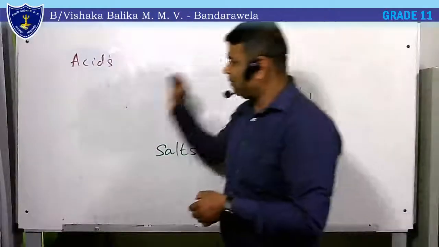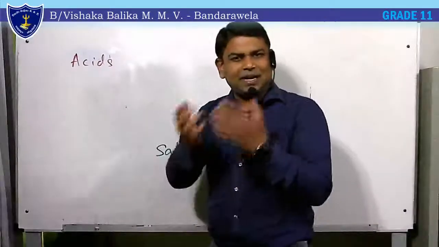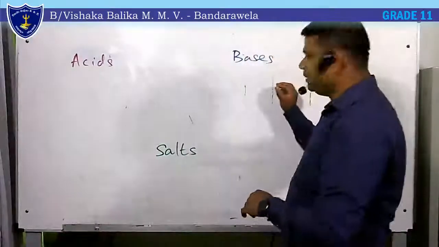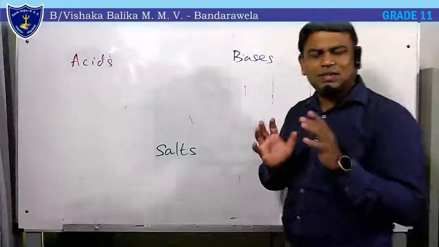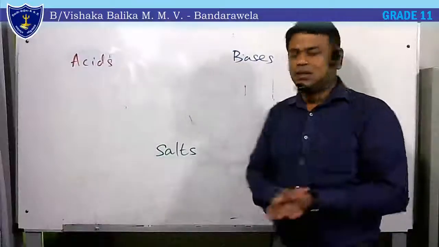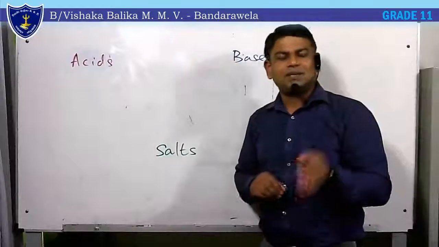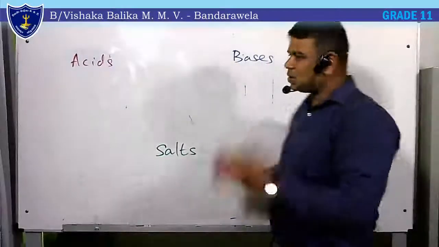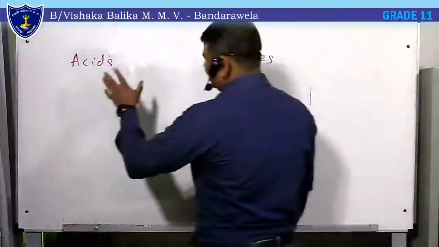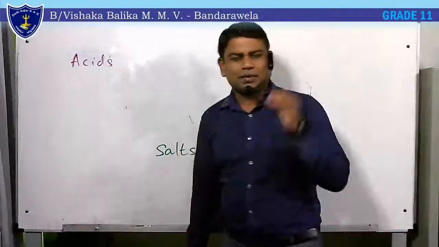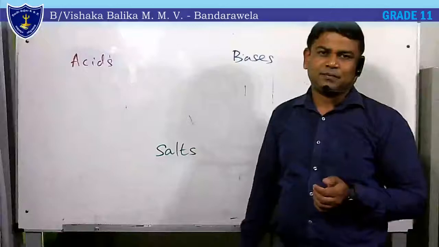Also there are harmless acids that we can eat. And bases also the same. Some bases are safe to use, some bases are harmful. Salts also the same. There are harmful salt types and useful ones. Usually mineral acids are harmful. Organic acids are safe to use.